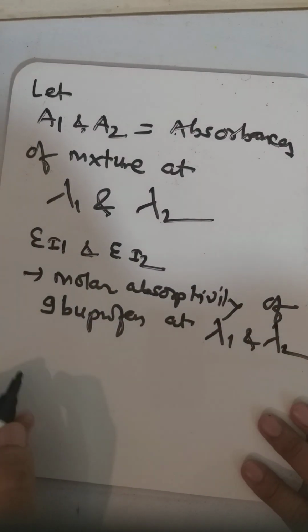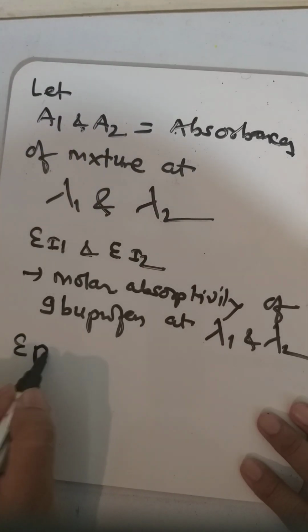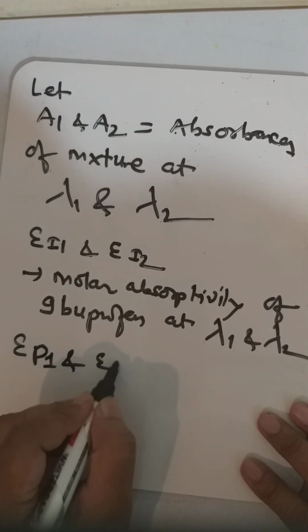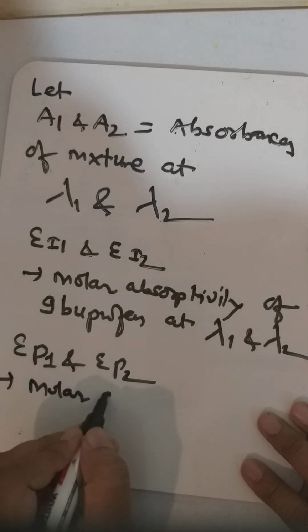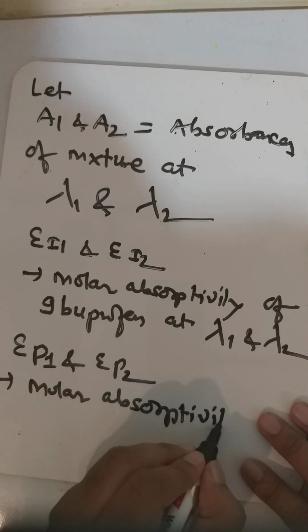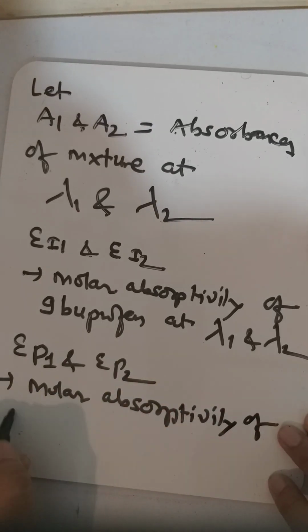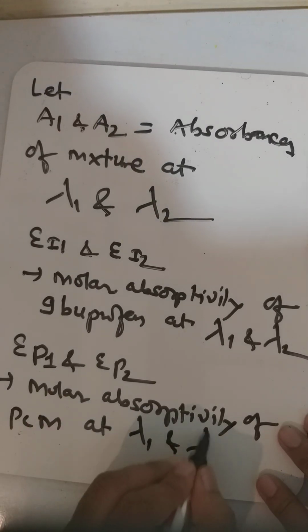Okay. Now thereafter epsilon P1 and epsilon P2 are the molar absorptivity of paracetamol at lambda 1 and lambda 2.